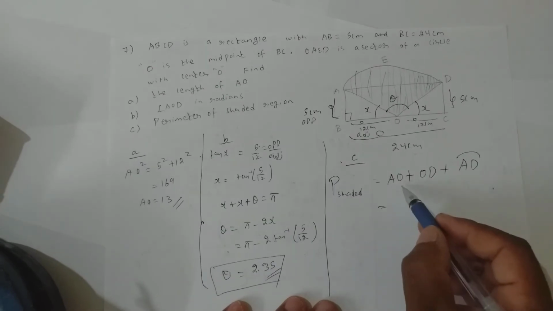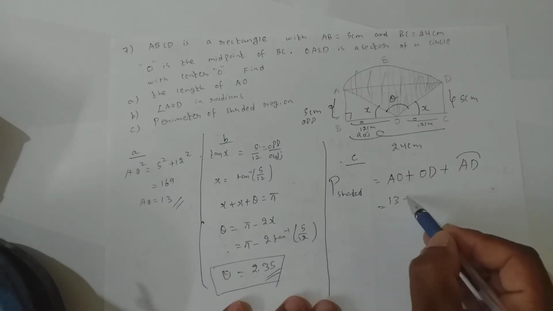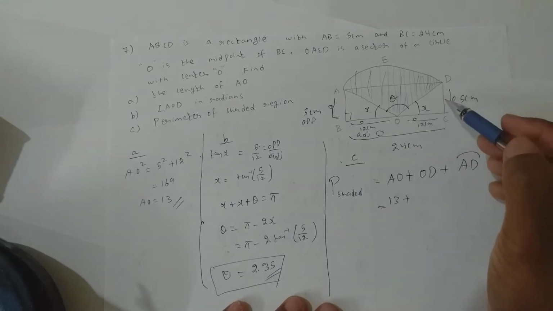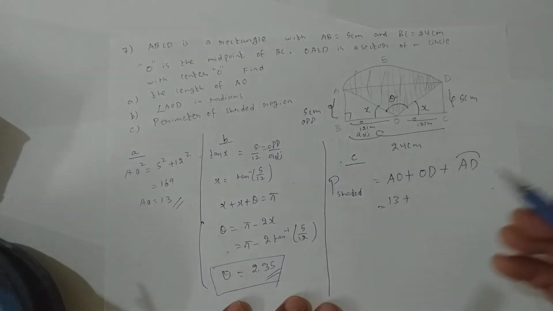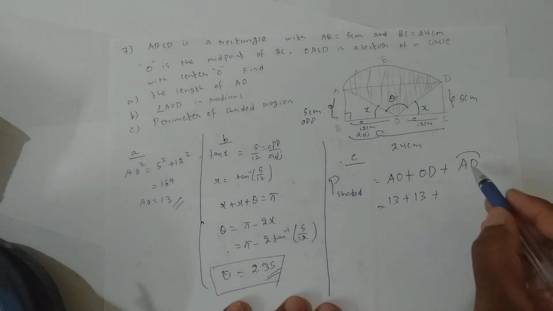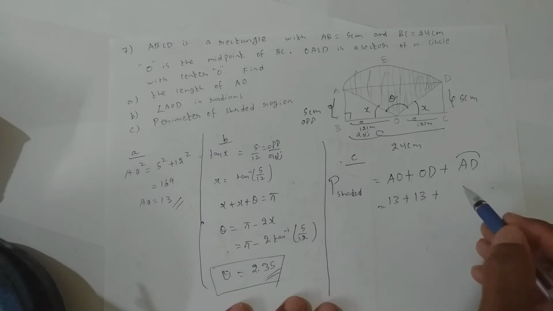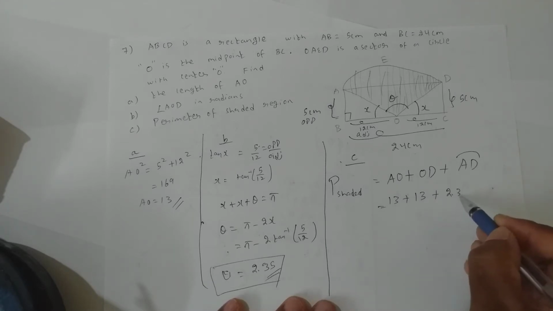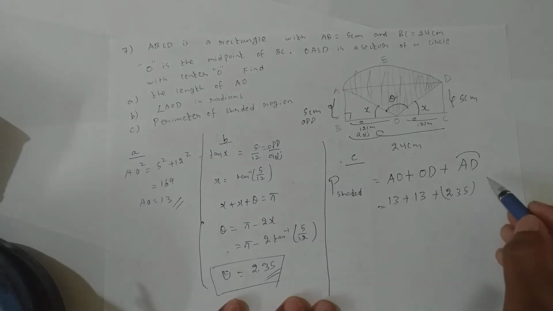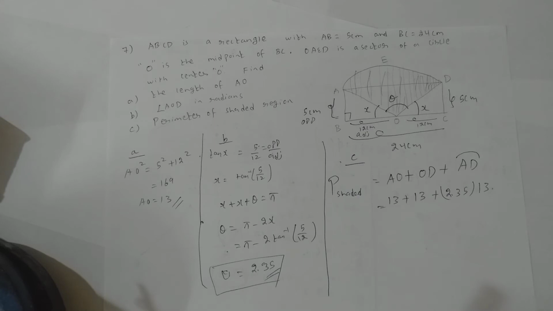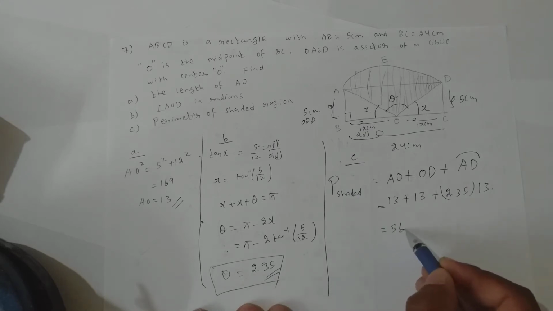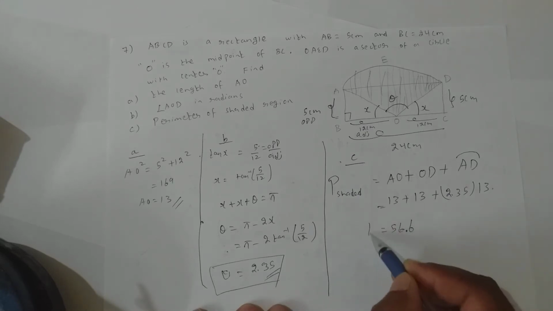Now do I know AO? Yes, in the first bit I found it to be 13. AO and OD will be the same because O is the midpoint, so OD is also 13. The arc length formula is r theta. Theta is 2.35 and r will be your OD or OA, which is 13. Place this in the calculator and you will get 56.6. That is your perimeter.